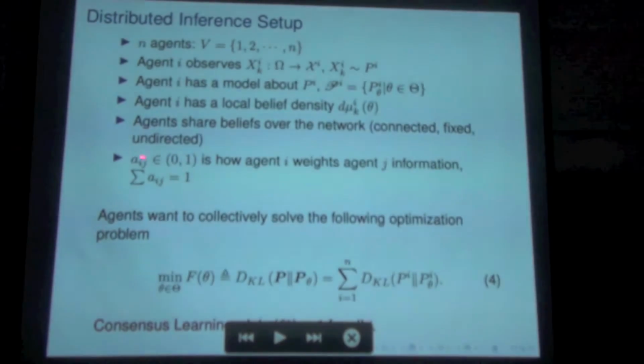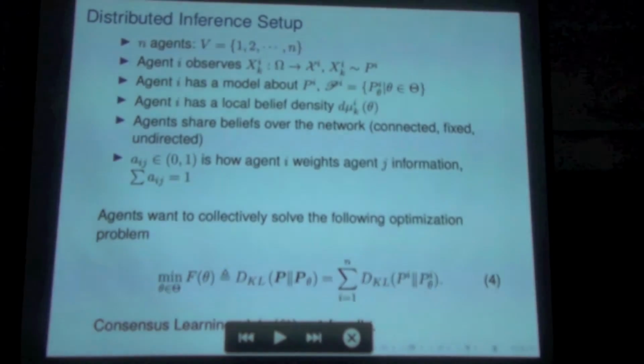It's just the matrix A, right? So now, in the same way that we move in distributed optimization from minimization of f to minimization of the sum of f, now the distributed estimation problem is we're going to minimize a function. So same thing, finding theta in the parameter space that minimizes the sum of KL divergences between pi and pi theta i.